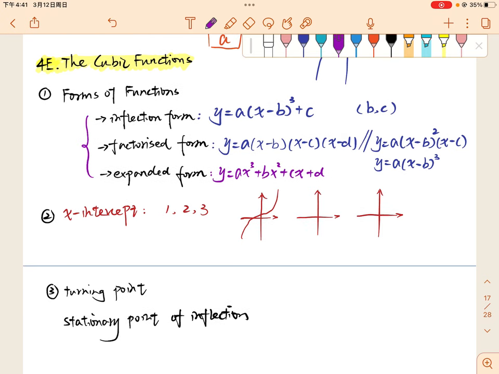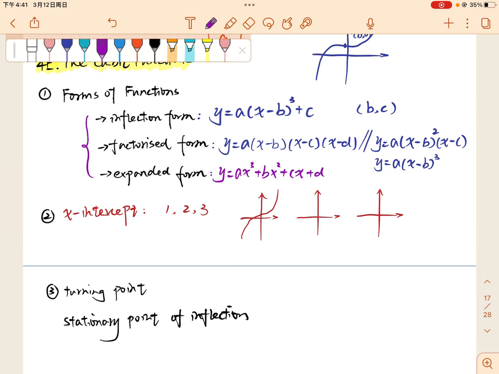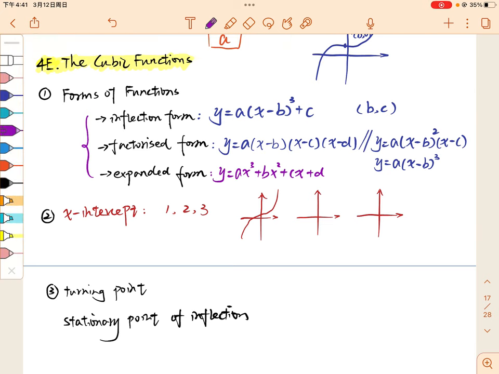And after we talk about the forms of the function, we can consider, when we try to draw our cubic functions or find the roots of a cubic function, the x-intercepts. For a cubic function, because it's an odd power, there's definitely at least one point where you're going to hit the x-axis. If the function is positive, you're definitely going like this way, or if it's negative, it's going like this way.